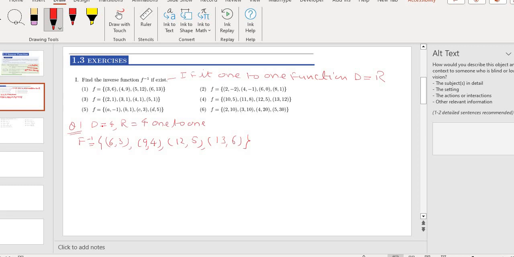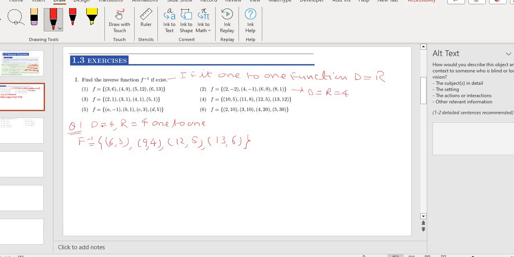Considering that, if it is one-to-one, now I am going to check question number 2. The domain is 1, 2, 3, 4. The range is -2, -1, 0, 1. So the domain is equal to the range, both having 4 elements.